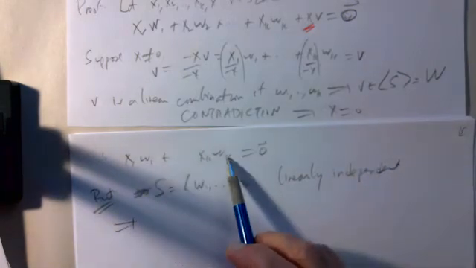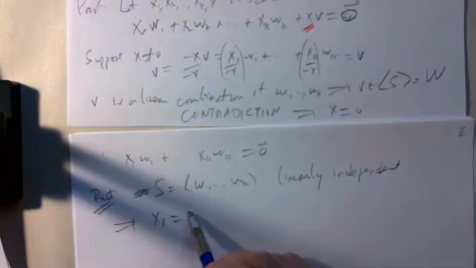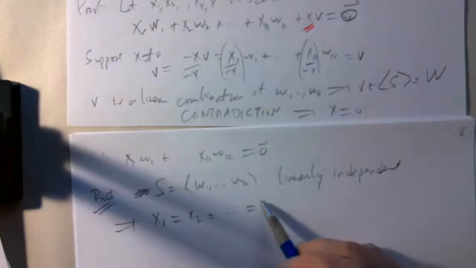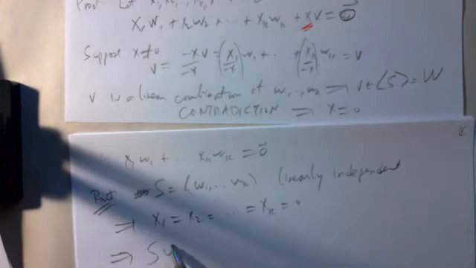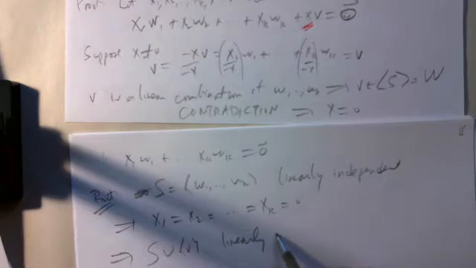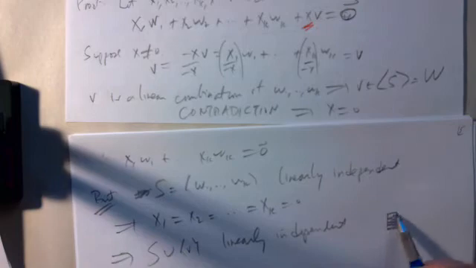So if a linear combination of the W's is 0, all these X's have to be 0. Which means in this linear combination, if this linear combination is 0, every coefficient has to be 0, which means that this larger set, S together with the vector V, is linearly independent. That's what I wanted to prove.